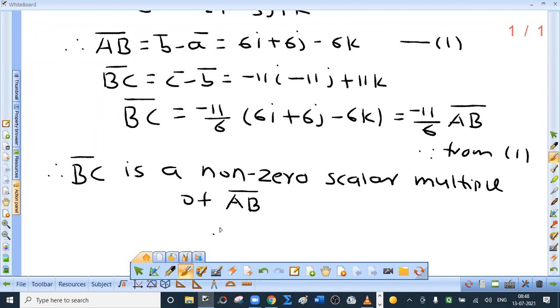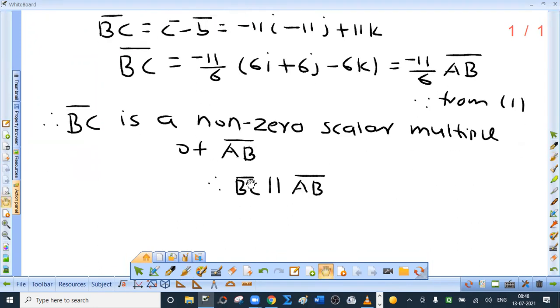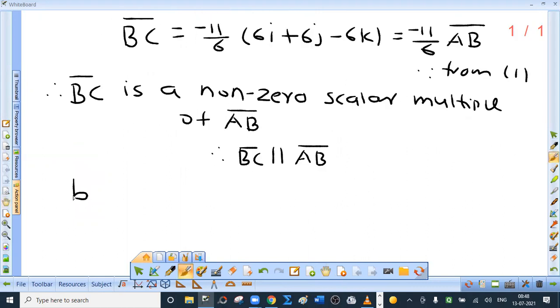Therefore, BC bar is parallel to AB bar, but they have the point B in common.